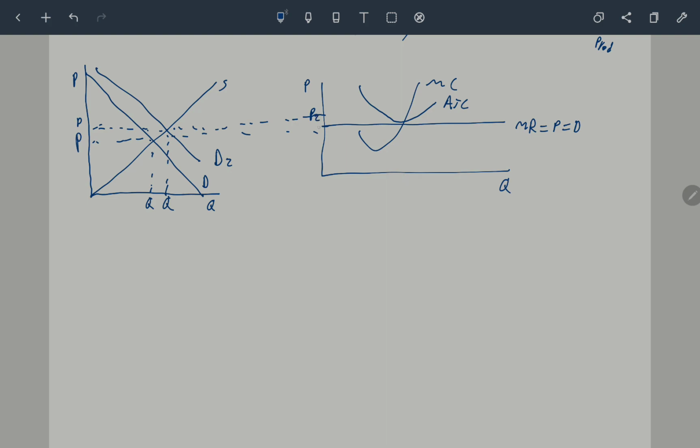This is P2, P1. Essentially this is just your area of profit in the perfectly competitive market. MR2 equals P2 equals D.